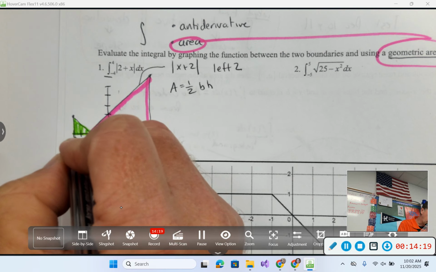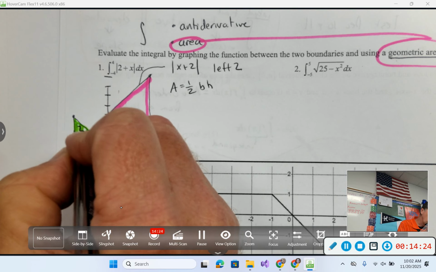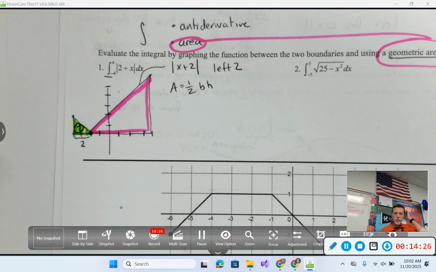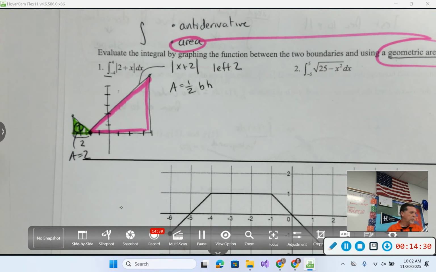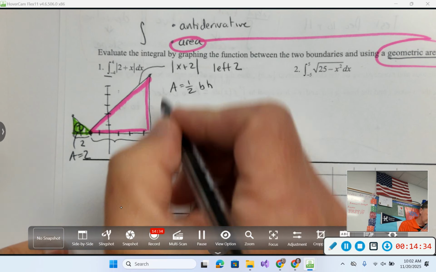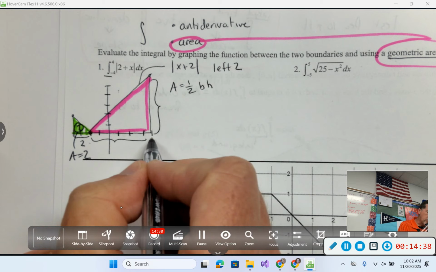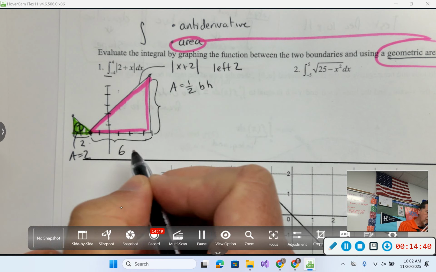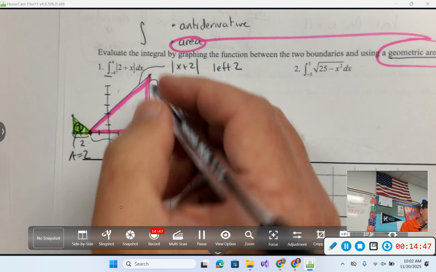So let's see, area of a triangle is 1/2 base times height. So this is 2 times 2 is 4, divided by 2 is 2. So that area is 2. This area, from -2 over to 4 is 6, which means the height has to be 6. So 6 times 6 is 36.